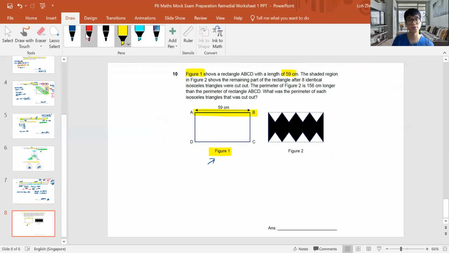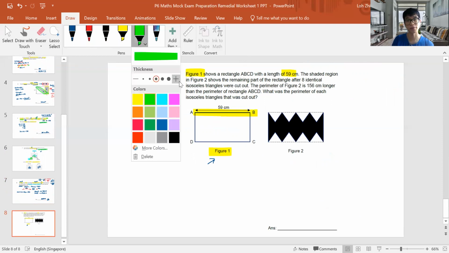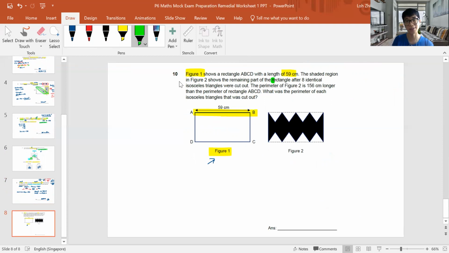Now, the shaded region in figure 2 shows the remaining part of the rectangle after 8 identical isosceles triangles were cut off. The perimeter of figure 2 is 156 cm longer than the perimeter of rectangle ABCD. What is the perimeter of each isosceles triangle that was cut off?